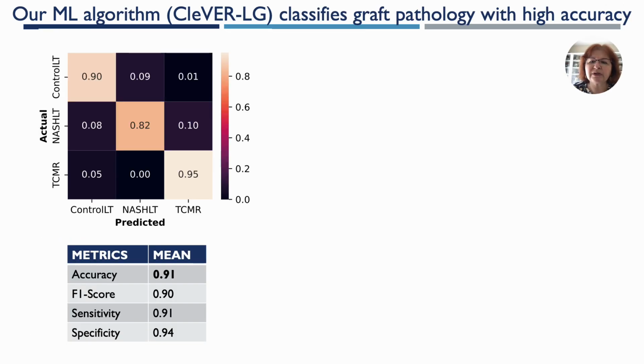Overall, the bootstrap models achieve high classification rates for control and TCMR with mean true positive rates or TPR of 90% and 95% respectively. The models found the NASH LT class to be the hardest to classify with mean TPR of 82%. The table below includes the mean accuracy and other metrics for the 101 computed models in the test set.